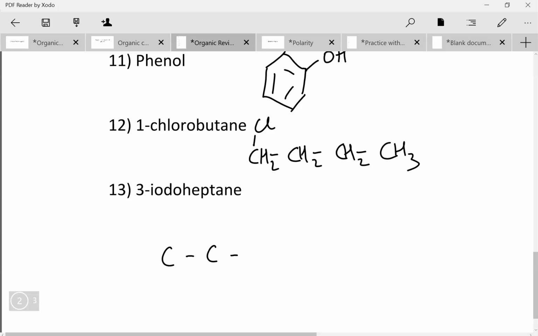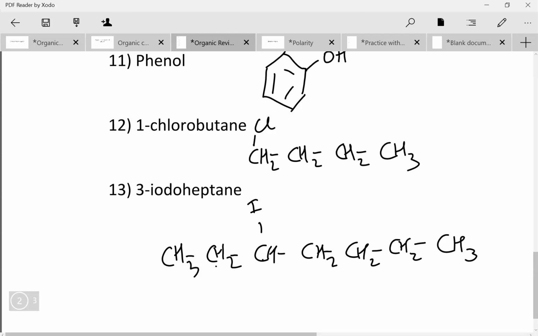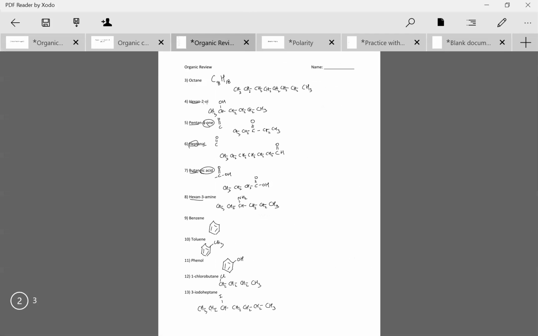Heptane. So 1, 2, 3, 4, 5, 6, 7. Off the third carbon there's an iodine group. Then fill in your hydrogens. And that's that.